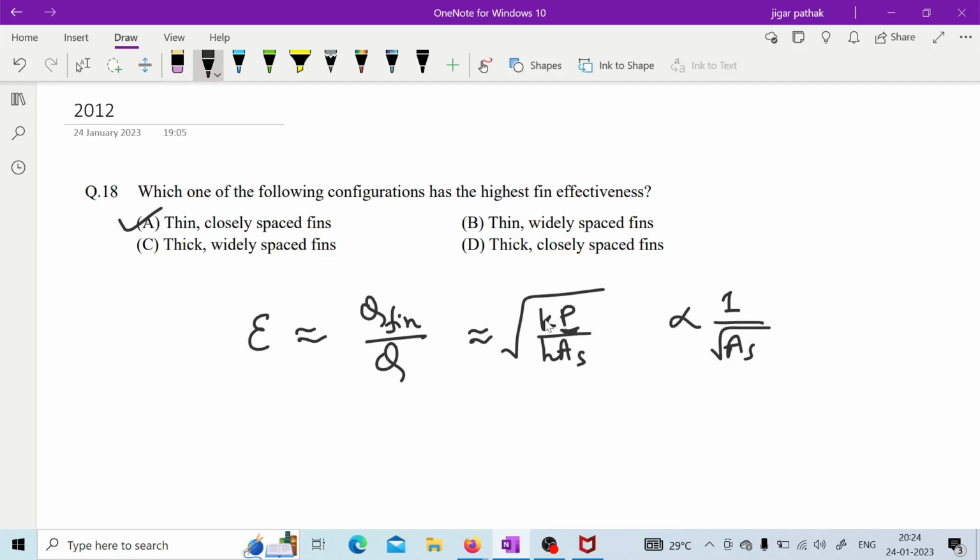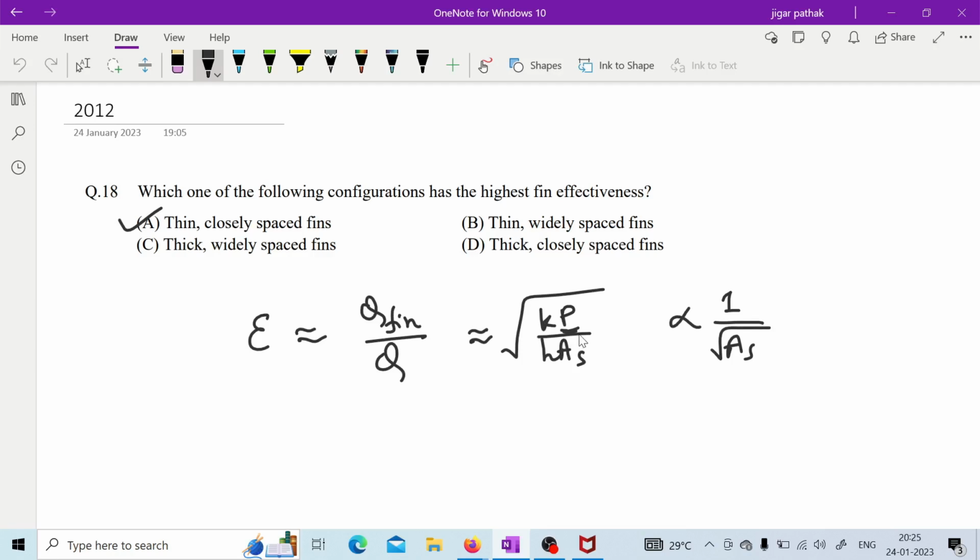So that is why widely spaced is not correct. Because if you space your fins widely, the perimeter area available for heat transfer will be less, though it is thin. Are you getting it?